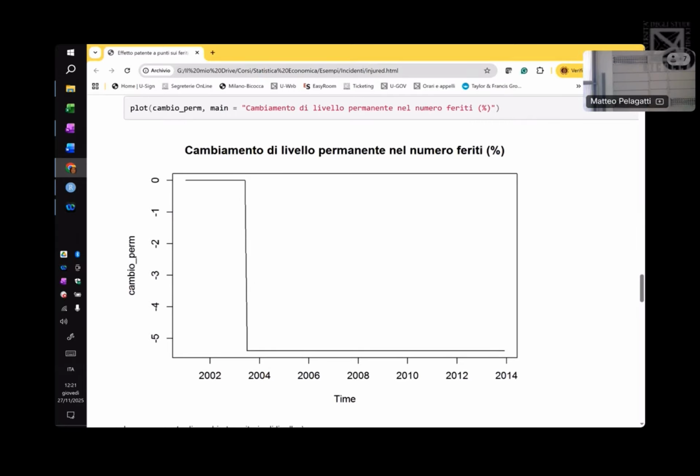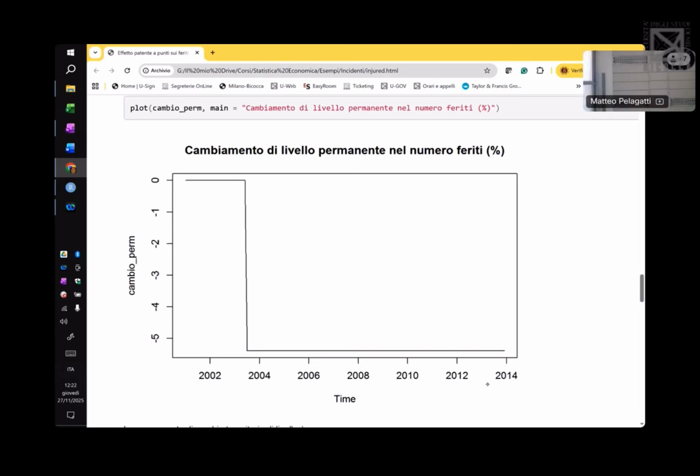This is the regression coefficient of the step variable. So it gives us the impact that is permanent, because this is the step variable that is always there. And so it looks like the permanent effect is minus 5% circa.